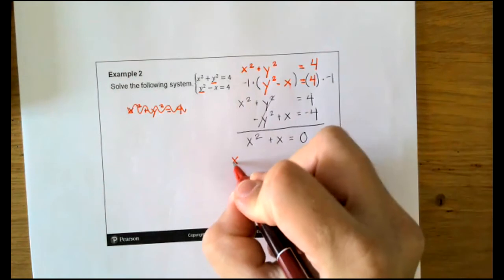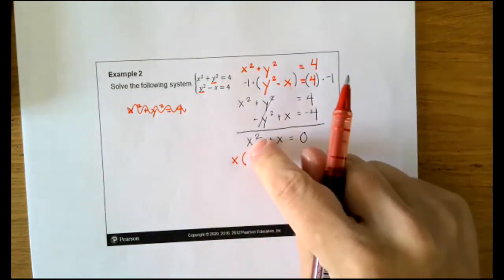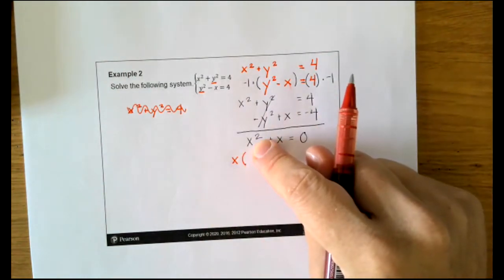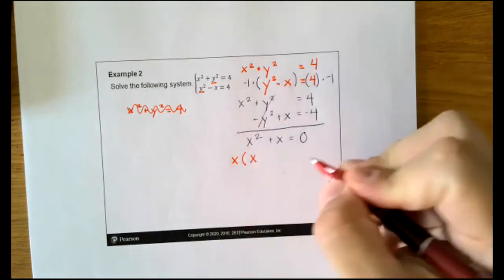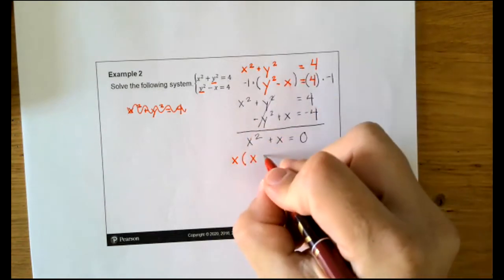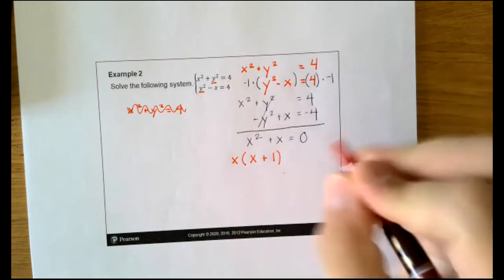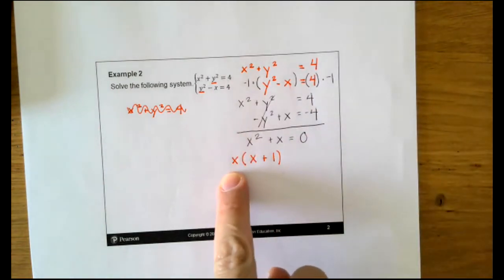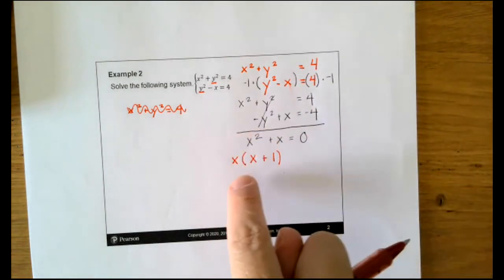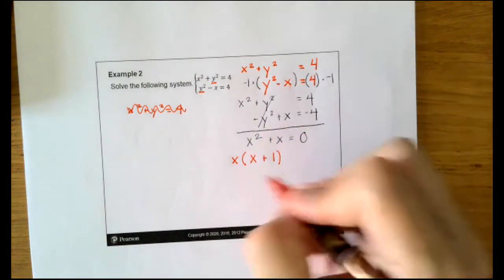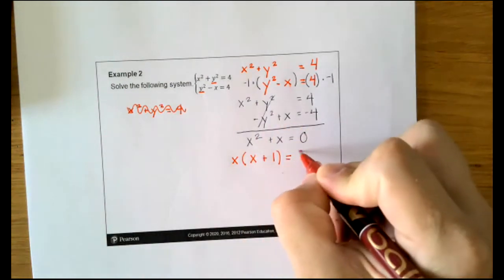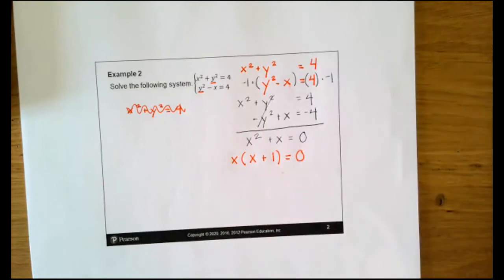If I take x out of both, x times x is x squared and x times 1 is x. So I factored it into two groups.